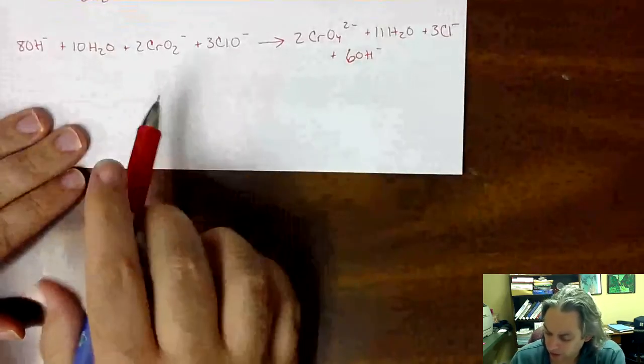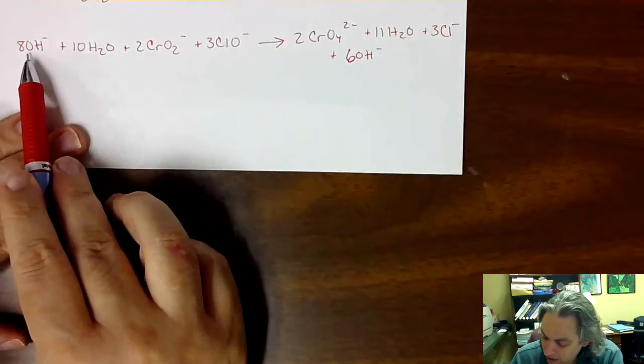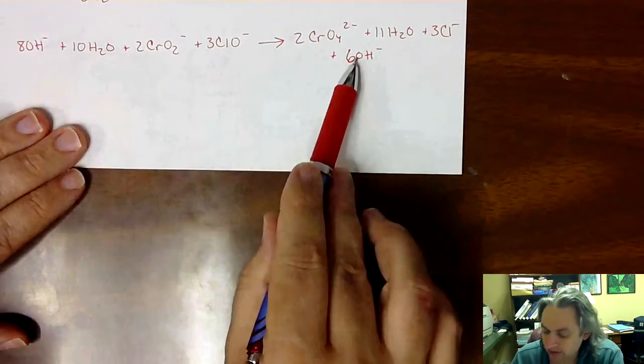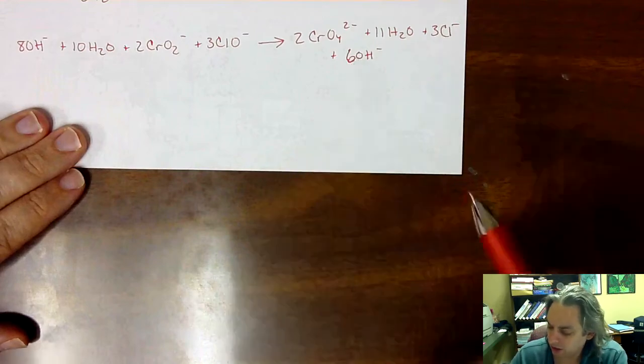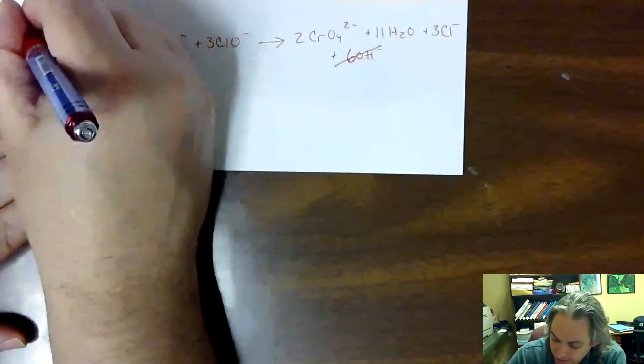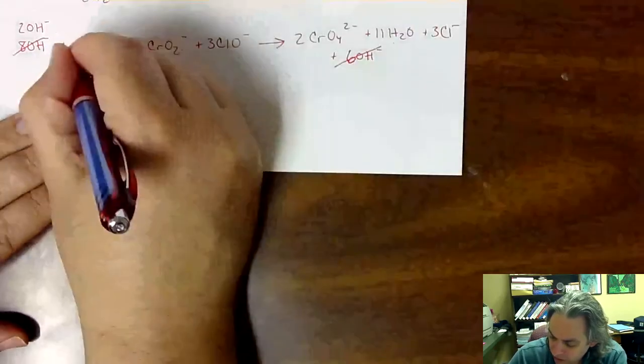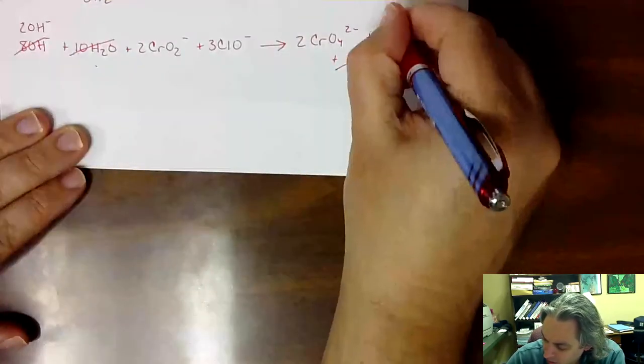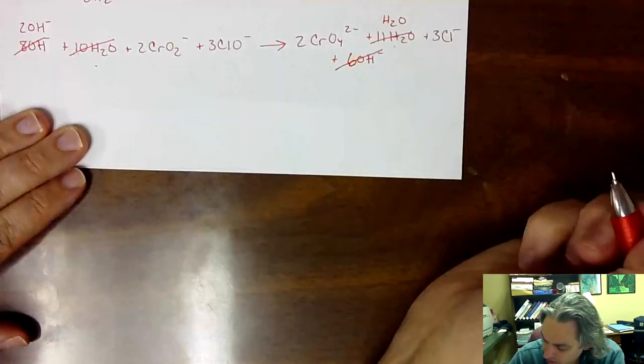Let me scoot this up a little bit. All right. So notice we have 8 OHs over here and we have 6 in the products. So this will cancel this out to give us 2 OH minuses. We have 10 waters here and 11 waters here, so those all go away, leaving just 1 H2O.